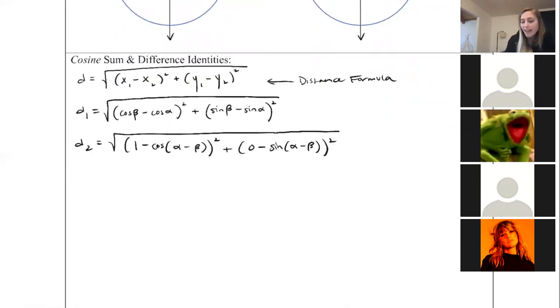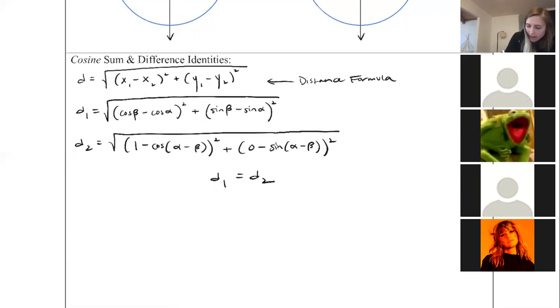And the reason that I did this is we've already said, like proof by picture, d sub 1 is equal to d sub 2. So by setting these 2 distances equal to each other, we are going to derive the cosine difference identity.